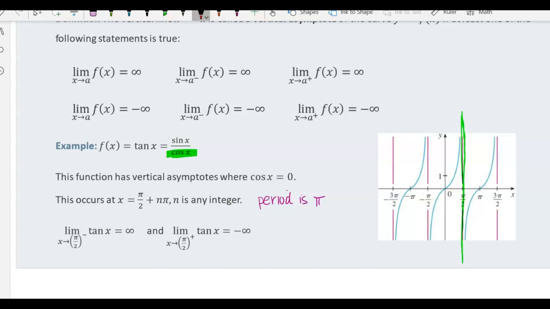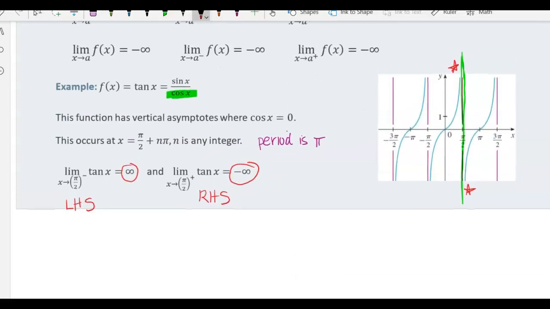As we approach from the left-hand side, the graph is going up to positive infinity. As we approach from the right-hand side, the graph is going down to negative infinity. So we do have the one-sided limits, but overall we would say that the limit does not exist. We would say the limit as x approaches pi over 2 of tangent x does not exist.